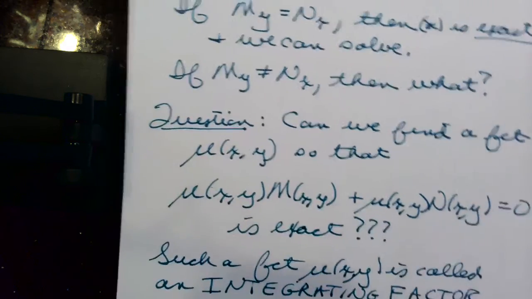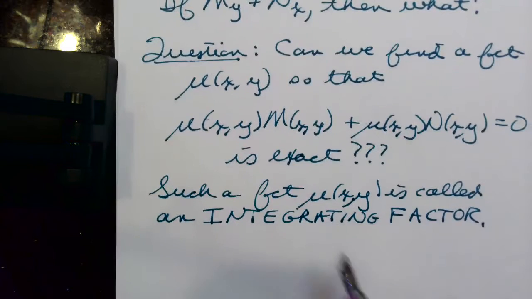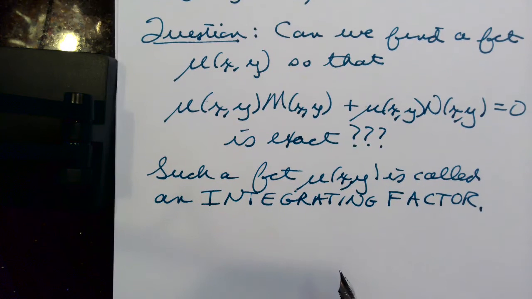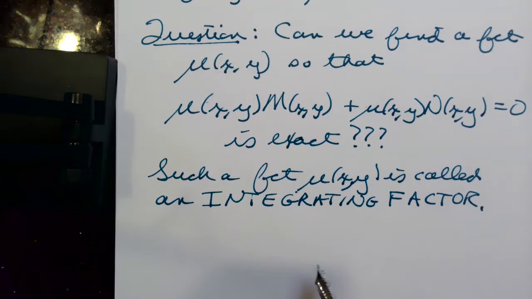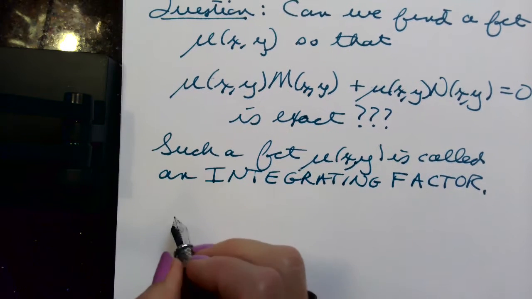Okay. So it's not easy in general to solve for an integrating factor, except in a few special cases. So how are we going to get to those special cases?